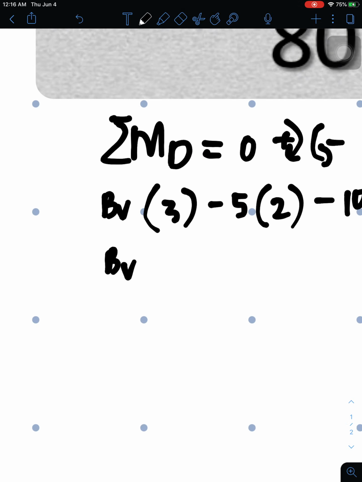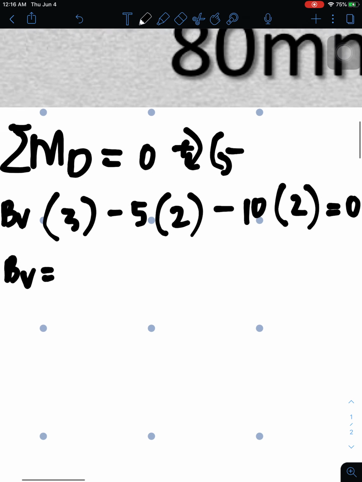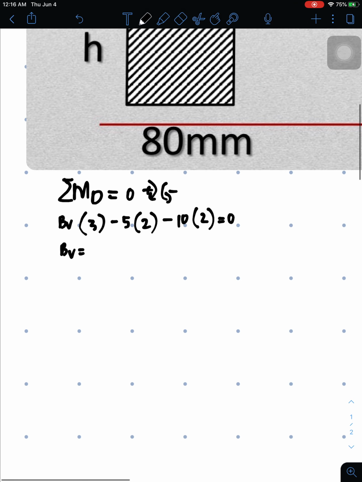So right now we have the value of our BV. It's 10 times 2 plus 5 times 2 divided by 3, it's 10.